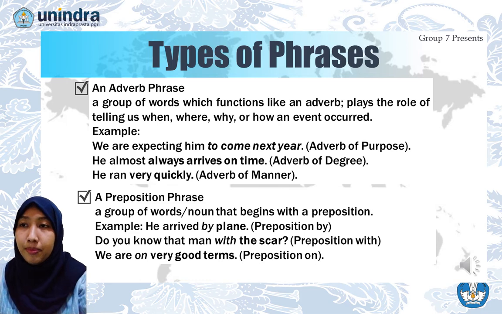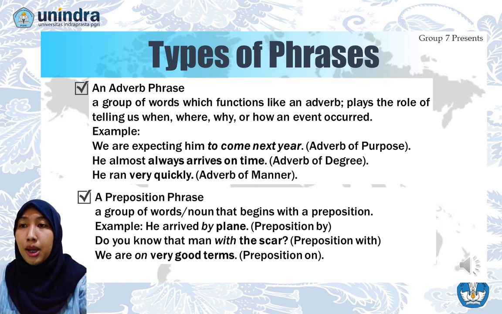For example, 1. We are expecting him to come next year. That is adverb of purpose. 2. He almost always arrived on time. That is adverb of degree. 3. He ran very quickly. That is adverb of manner.